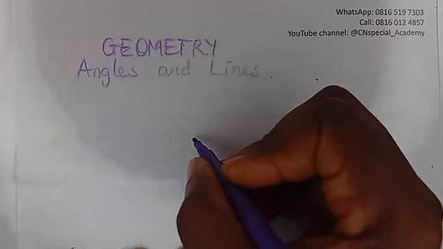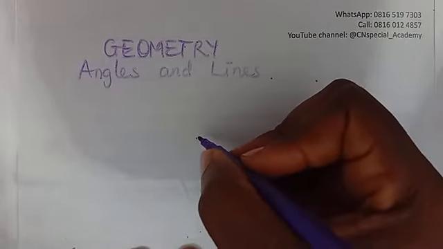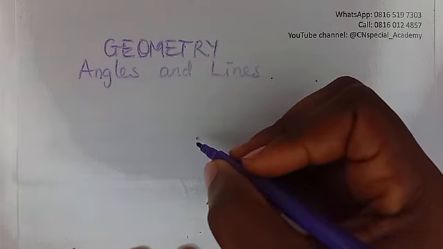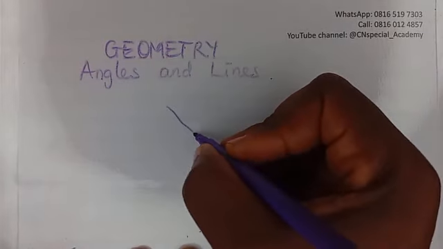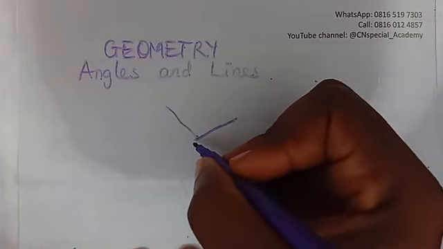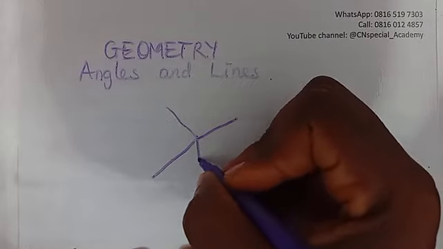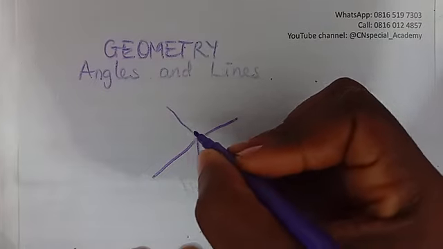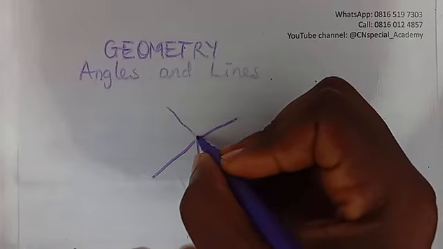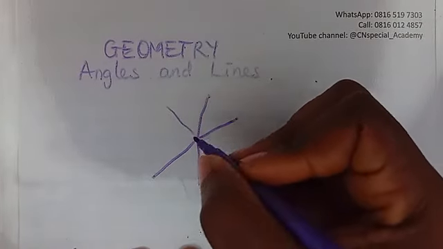We have that the sum of angles at a point is 360 degrees. So when we have a point like this and we have so many lines, let me even add another line here.